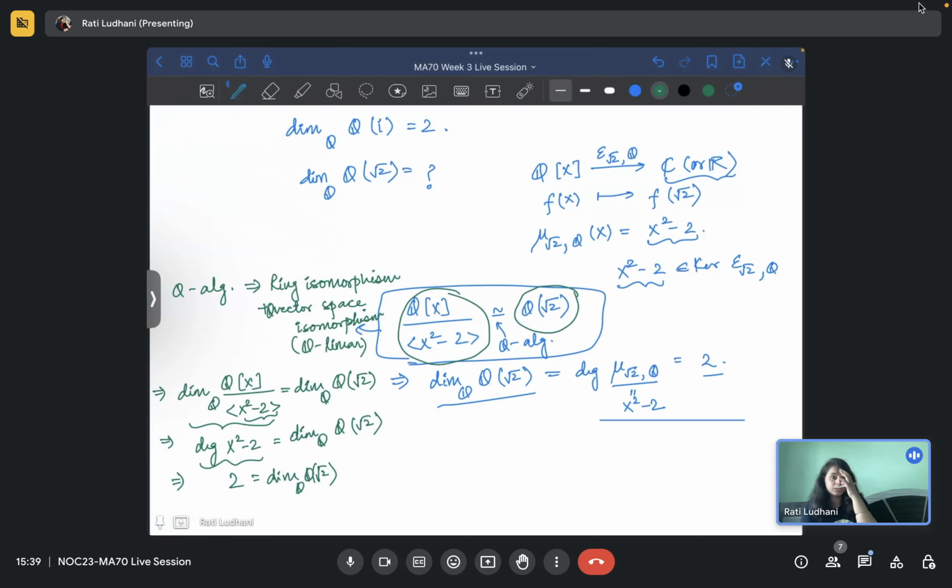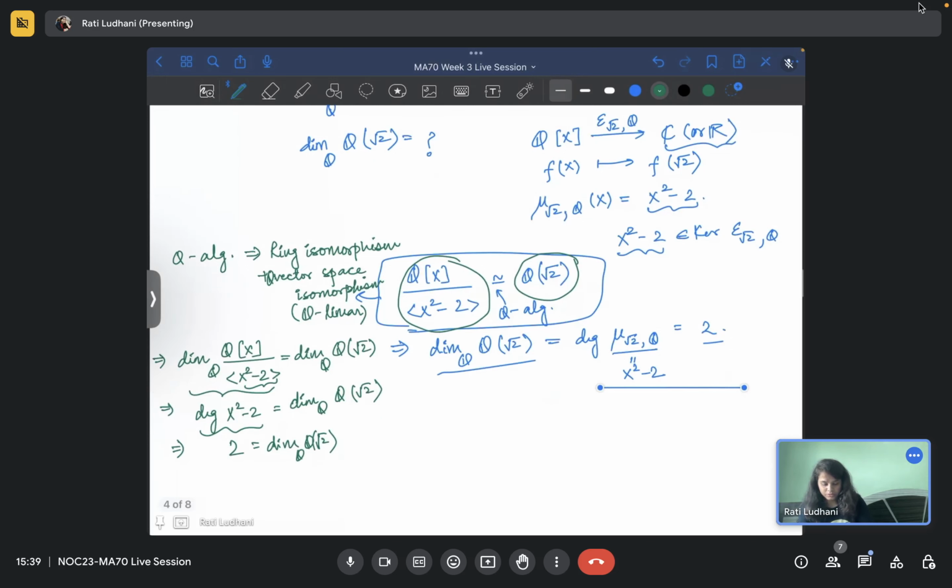So this is really how we can construct an isomorphism if you have the same dimension. Okay, so these are isomorphic and we are done. So Qi and Q root 2 are isomorphic as Q vector spaces. So you have a field also.